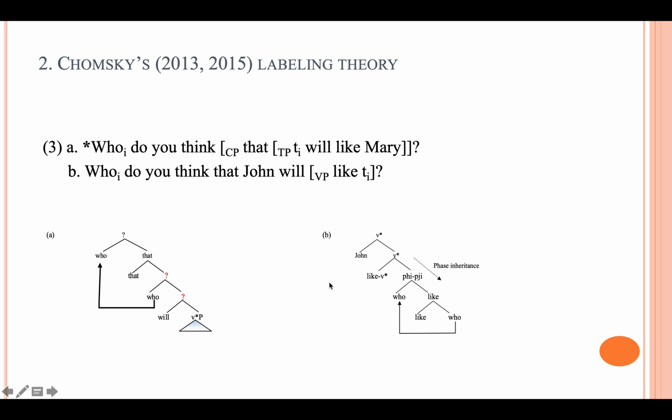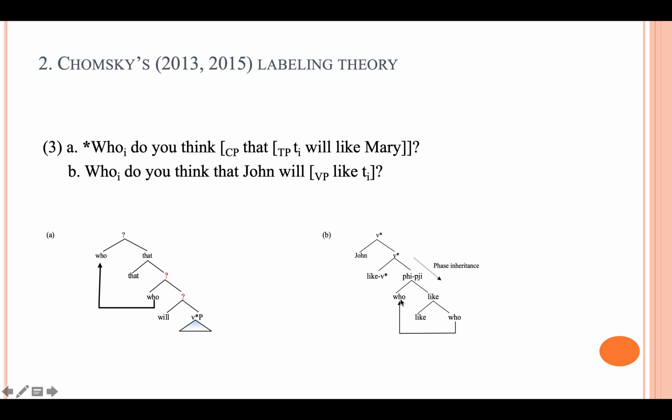Different from this one, in this sentence, like will move from this position to the position of V, and after that, let V is not visible, and its phasehood status will be inherited by the lower copy of like, and then it will be a phase, and who will move from this position to this position, which is the edge position of a phase.